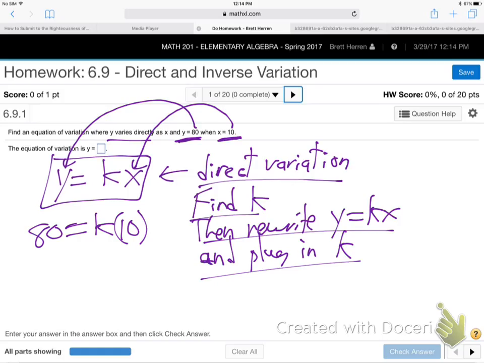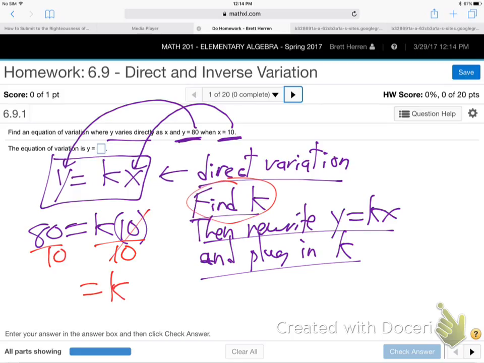So far, so good. And they want me to solve for the k. K times 10 divided by 10 equals 80 divided by 10. So how do I solve for k? I divide both sides by 10, don't I? Yeah, exactly. So divide by 10, divide by 10. That's what I mean by find k.